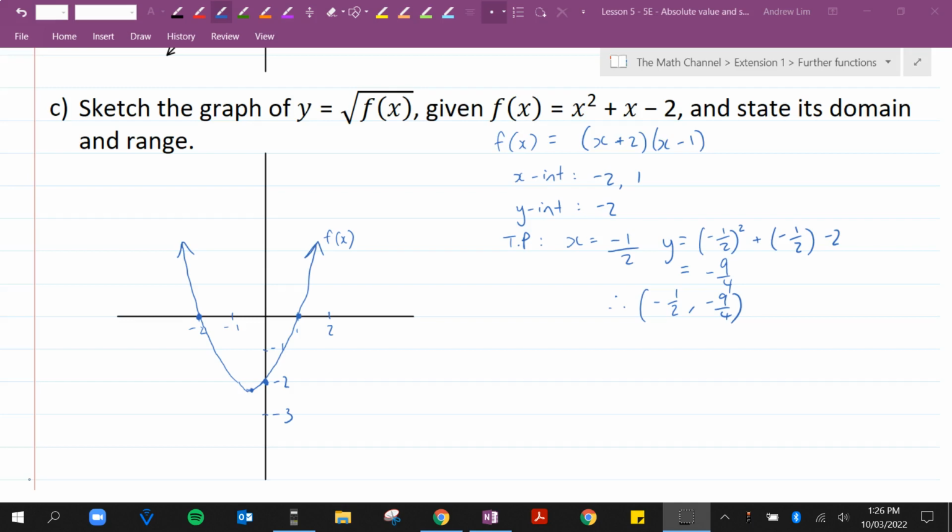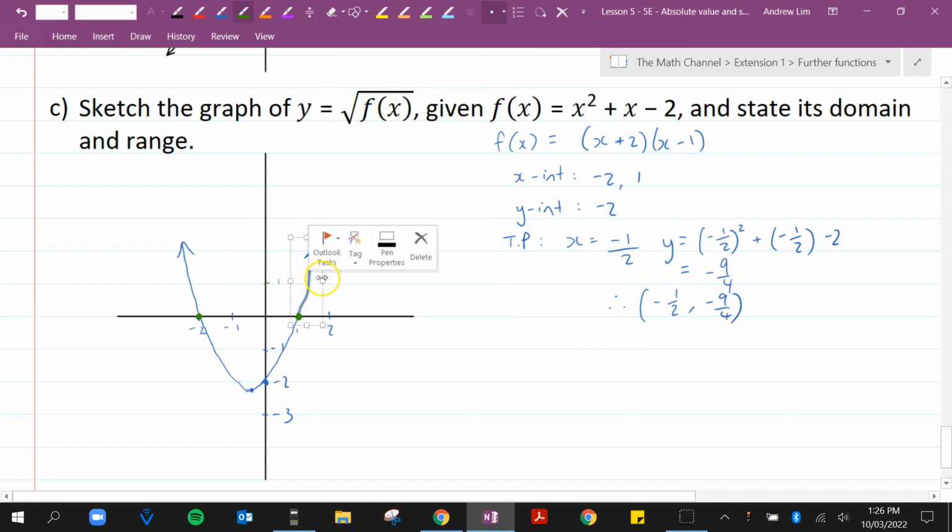So we know that all of this below the x-axis disappears because we can't square root a negative number. We know that the square root of 0 is 0. Let's just say that this bit is 1 here.